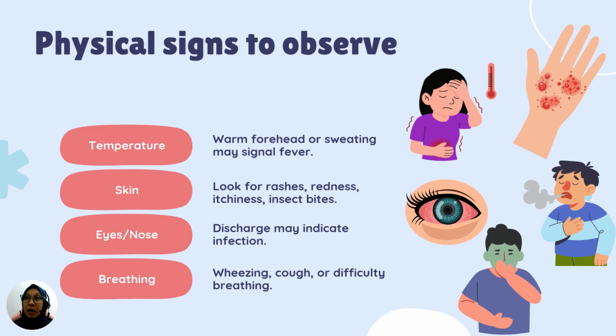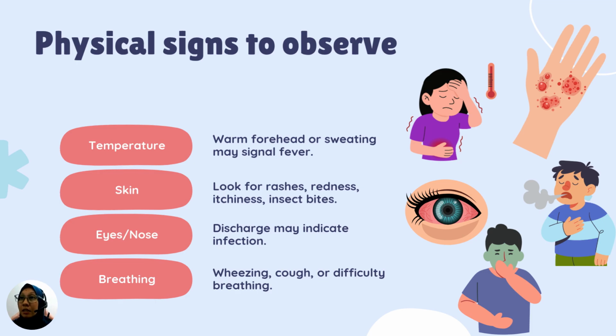Next, examine the skin for any signs of rashes, redness, itchiness, or insect bites, because these skin conditions can often be early indicators of something more serious. Also, pay attention to any discharge from the eyes or nose, because this might suggest an infection.